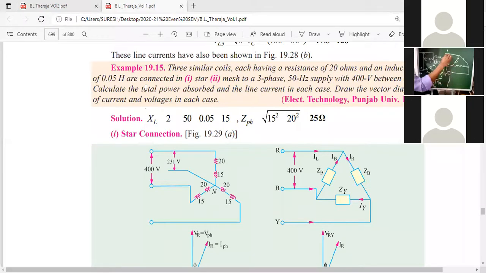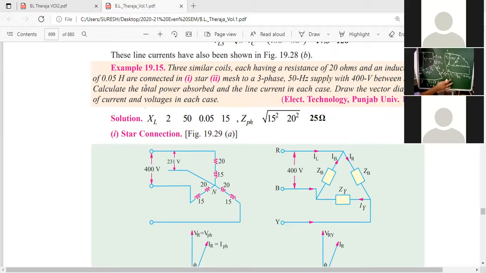Your line voltage is 400 volts. But in the delta connection, what is the formula? VL is equal to V phase, that is equal to 400 volts. Delta is a parallel connection.